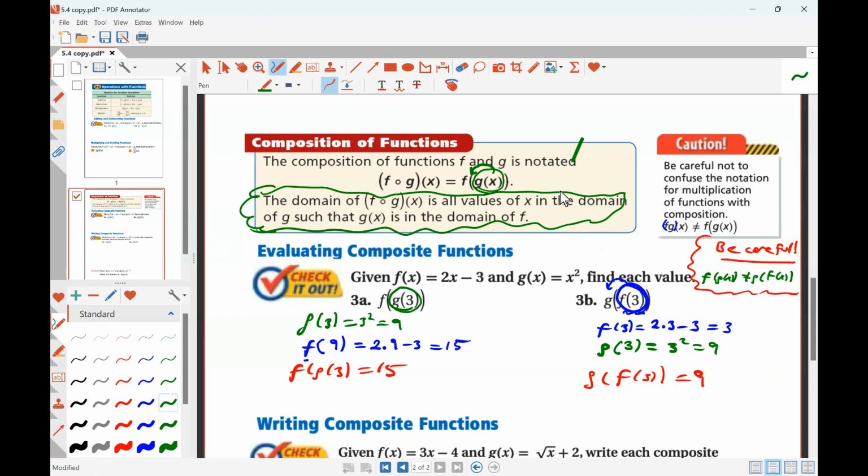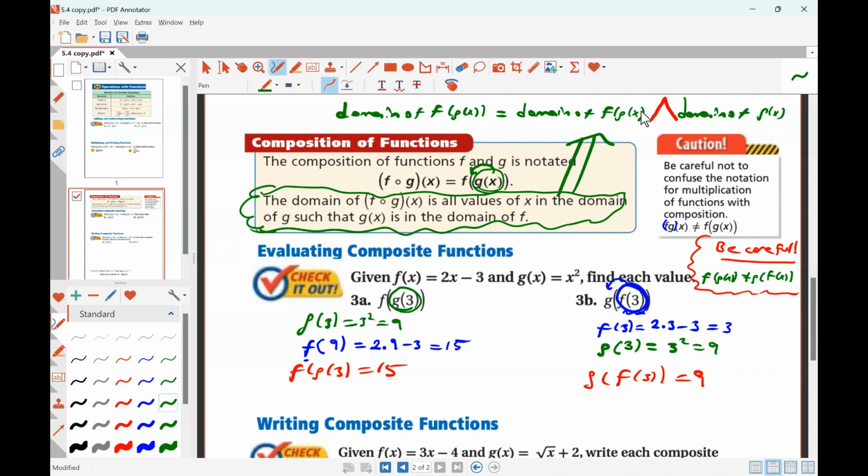This looks complicated. This means the domain of the composition function f of g of x is equal to the domain of f of g of x intersected with the domain of the inside function.